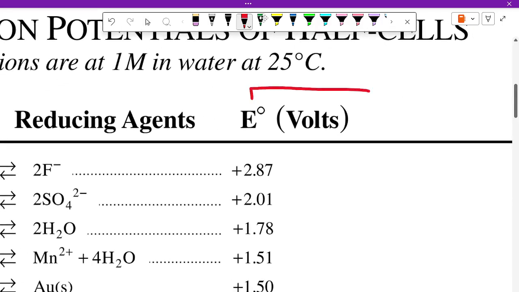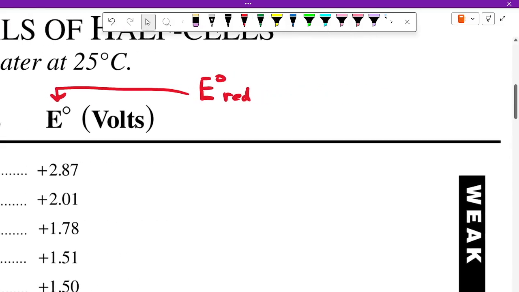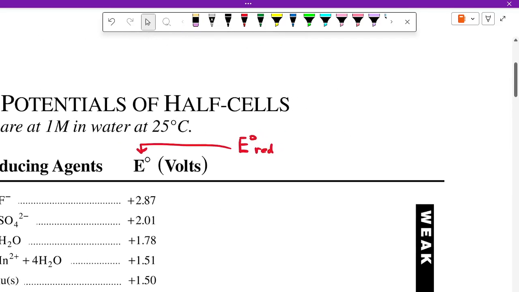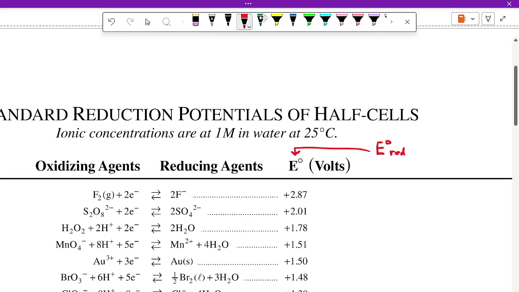And all of these are E naught red. What do you think red stands for? Reduction. So these are all half cell potentials for reduction, and it actually says that at the top: they are the reduction potentials of the half cells.